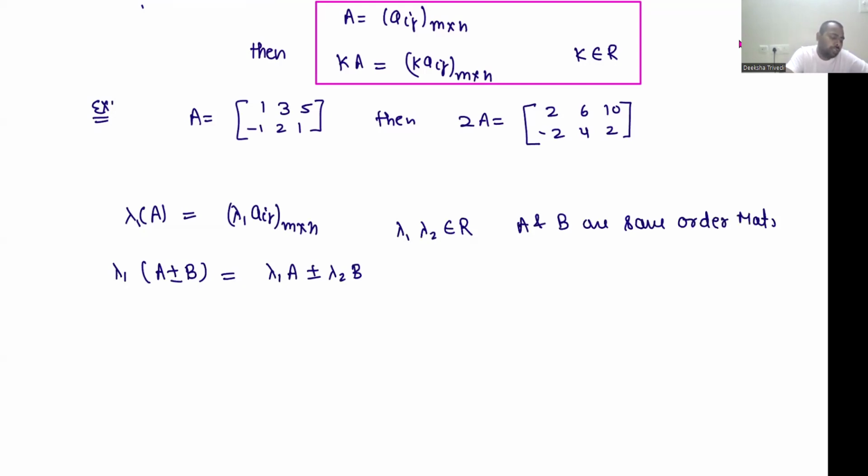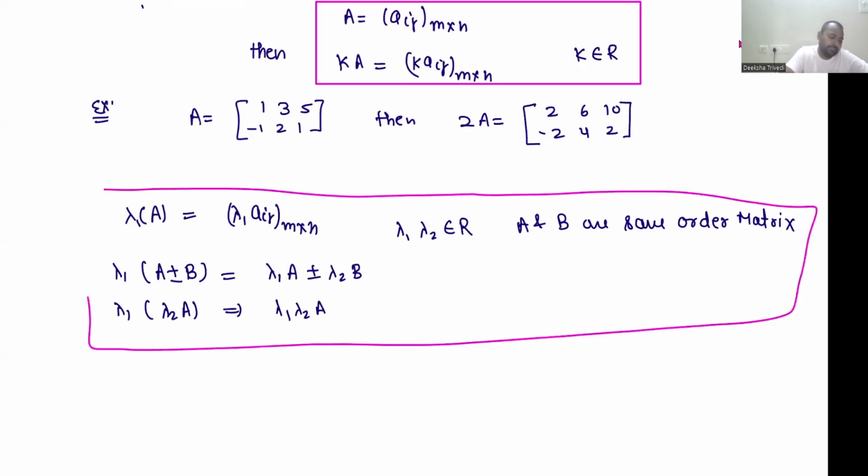We know that for addition and subtraction, the matrix order must be the same. Now if we multiply lambda 1 into lambda 2 A, we can also write this as lambda 1 lambda 2 into A. Am I correct? These are some results which we use in matrix multiplication.